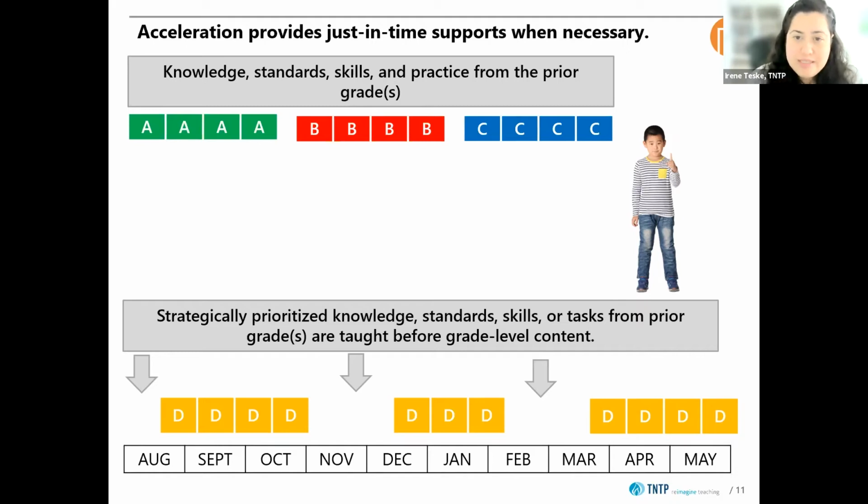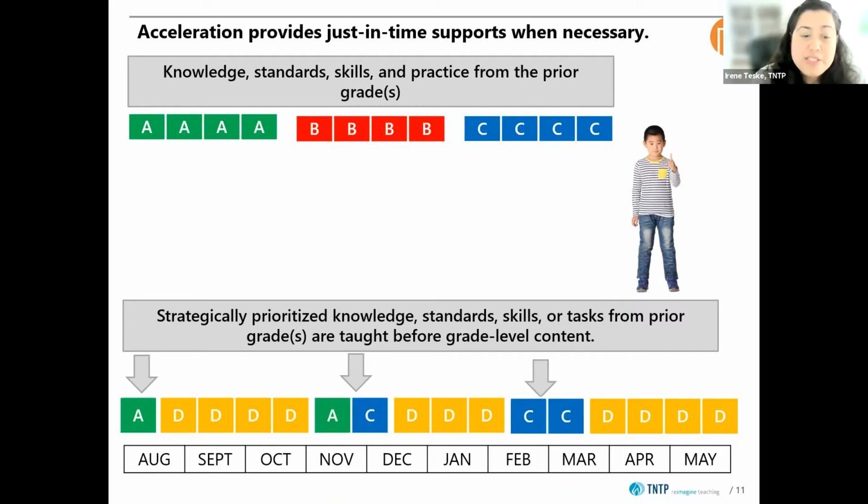Versha, could you animate, please? Thank you. So this educator or this team of educators have identified that some aspects of A, prior grade level content, and C, prior grade level content are critical for the current grade level. But B, prior content learning is not at all necessary for this year of learning.